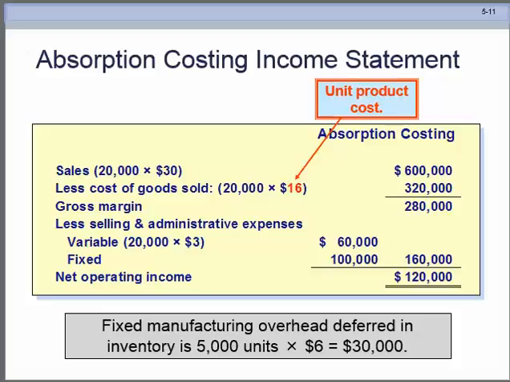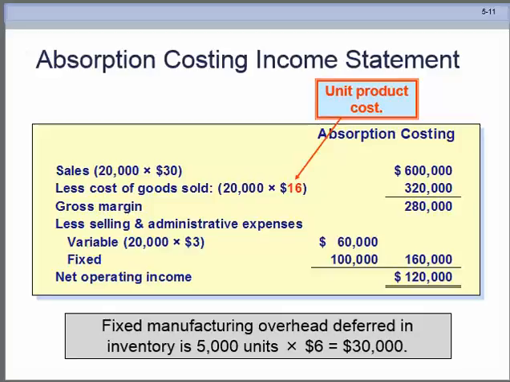Our net operating income is now $120,000. And our fixed manufacturing overhead deferred in inventory, meaning how many units are left in inventory, is 5,000 units times $6 per unit, or $30,000.